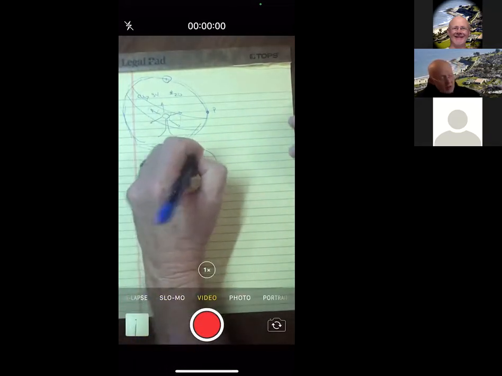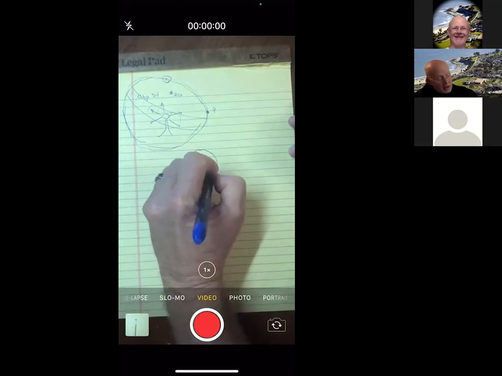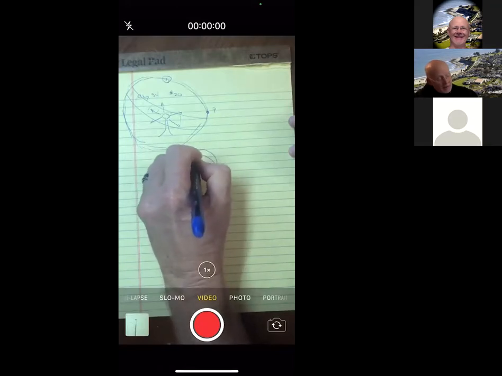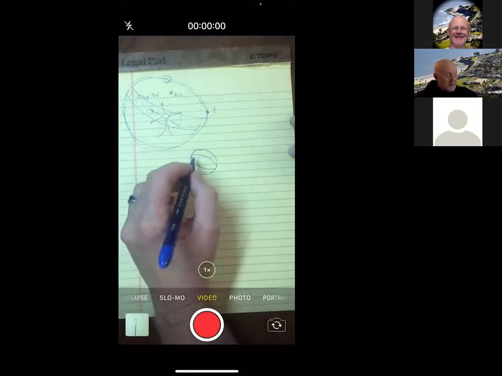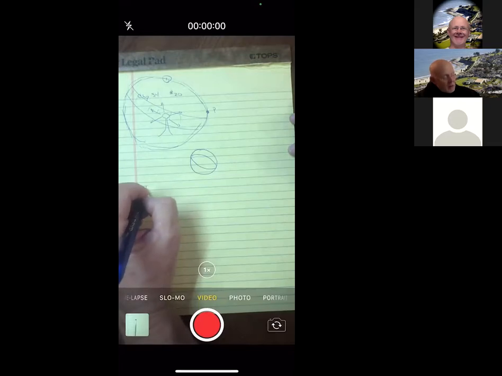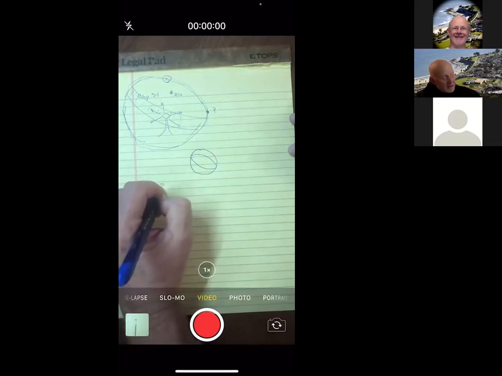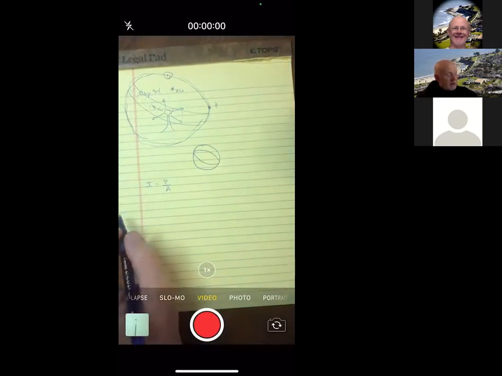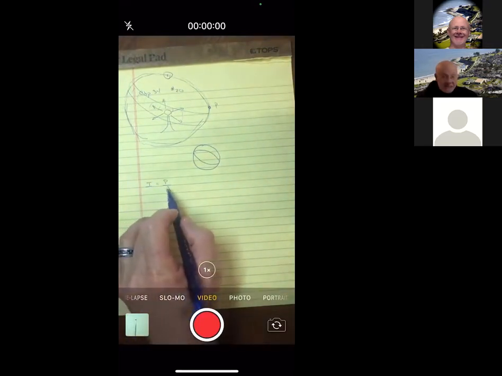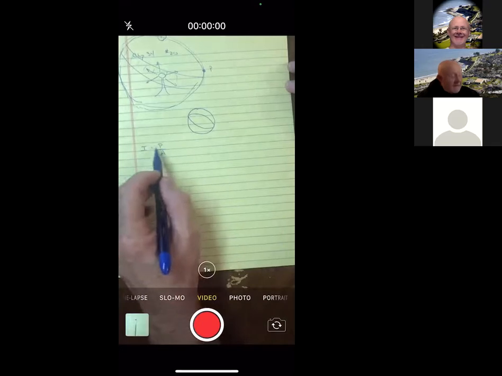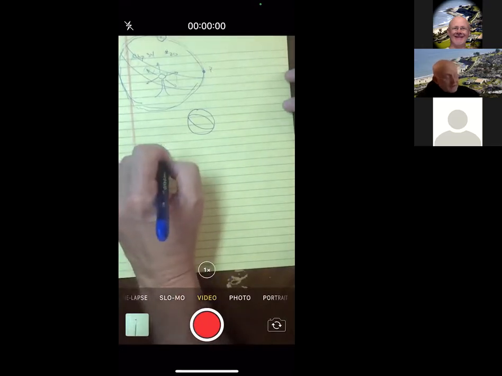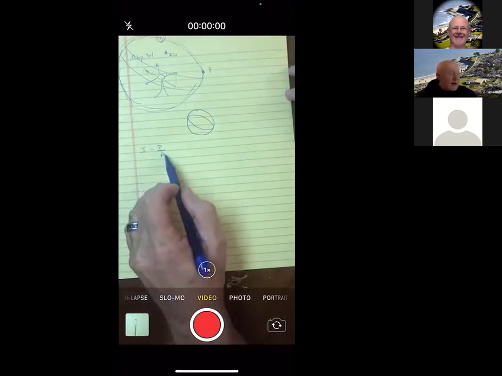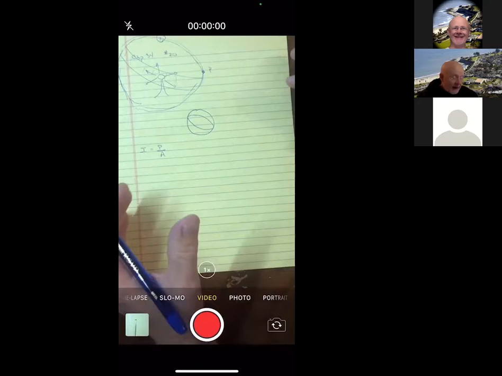And so all that energy is spread out over the area of a sphere. The intensity is defined as the power in the waves or the fields divided by the area it's spread out over.